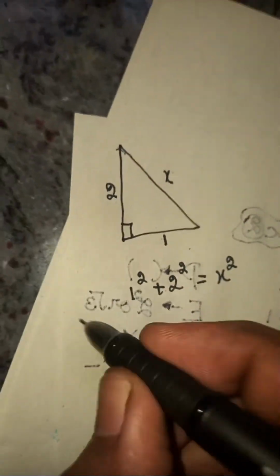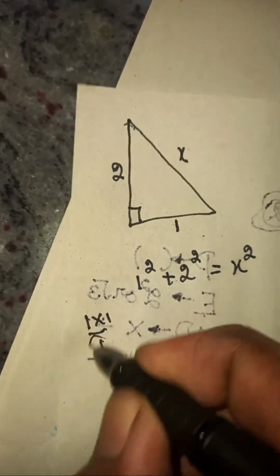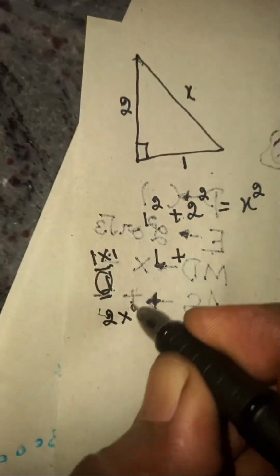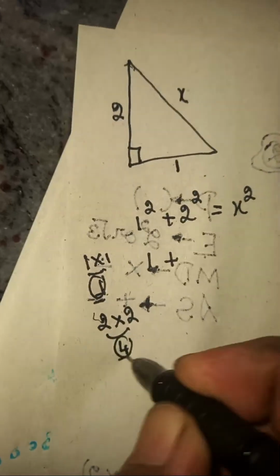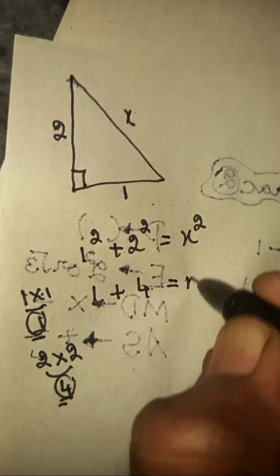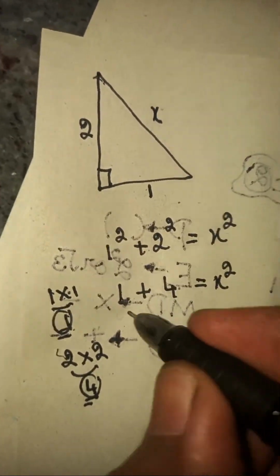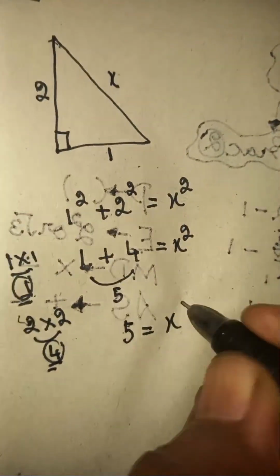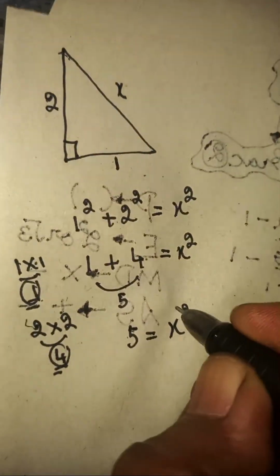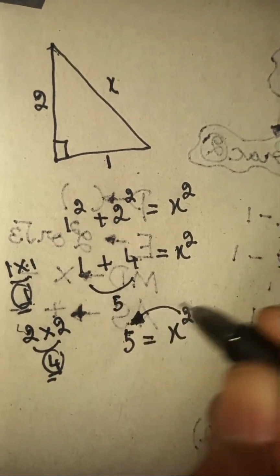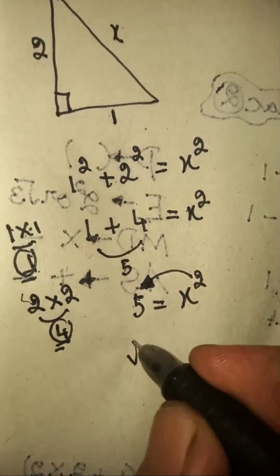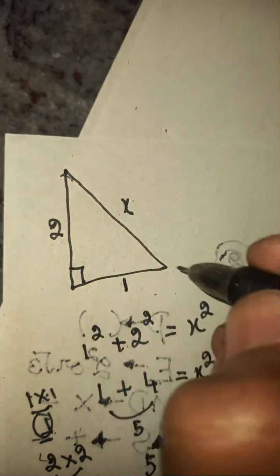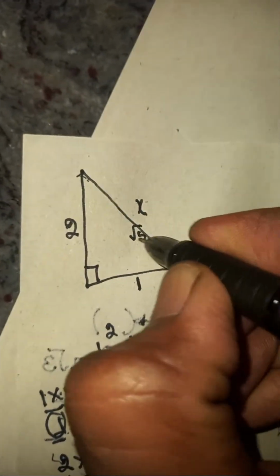Here 1 square means 1 times 1, which remains 1, and 2 square means 2 times 2, which becomes 4, which equals x square. 1 plus 4 is 5, so 5 equals x square, and when this square moves to that side, it is going to become a root. So root of 5 equals x. This root 5 is the length of this hypotenuse, root 5.